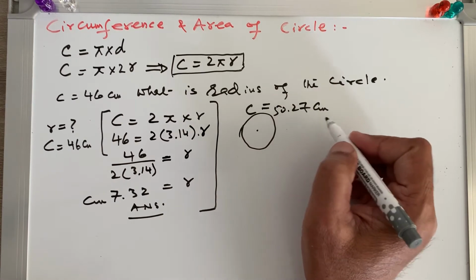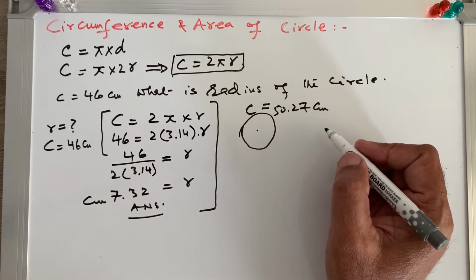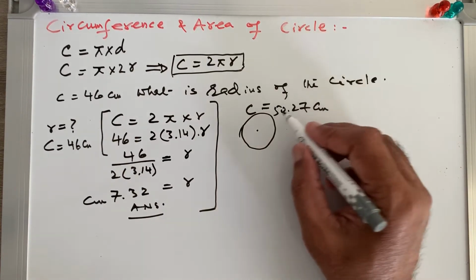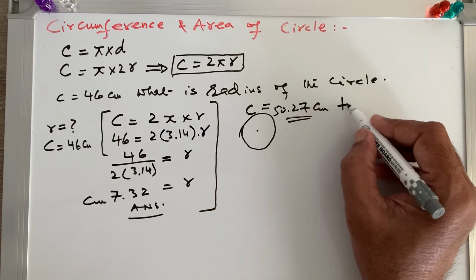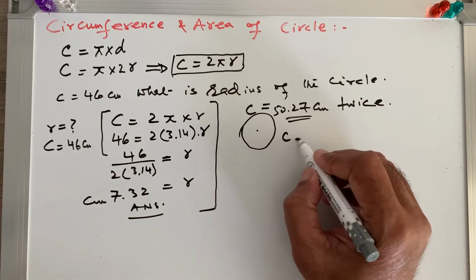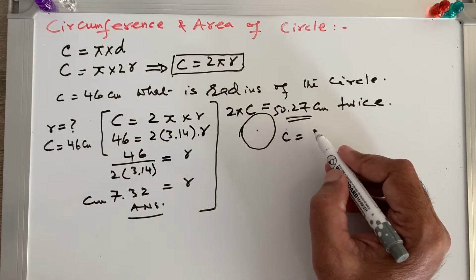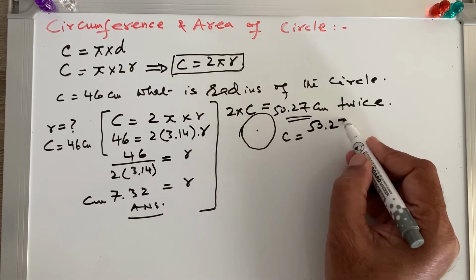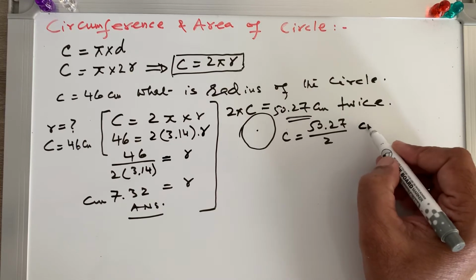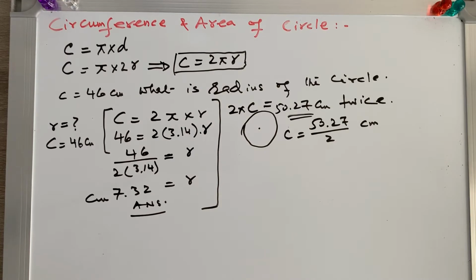But the string was needed to wrap around a circular object twice. That means this is not the circumference, but it is twice. So to get the circumference, we have to divide it by 2. 50.27 divided by 2 will be my circumference in centimeter, because when the string is wrapped around a circle, it gives us a circumference.